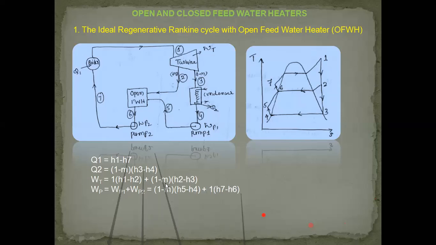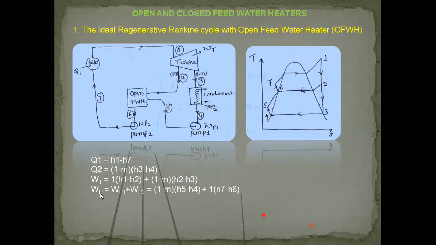So what remains is 1 minus M, 1 minus M into H2 minus H3. So the total expansion would be, for 1 to 2, 1 kg of steam, H1 minus H2, plus 1 minus M into H2 minus H3.